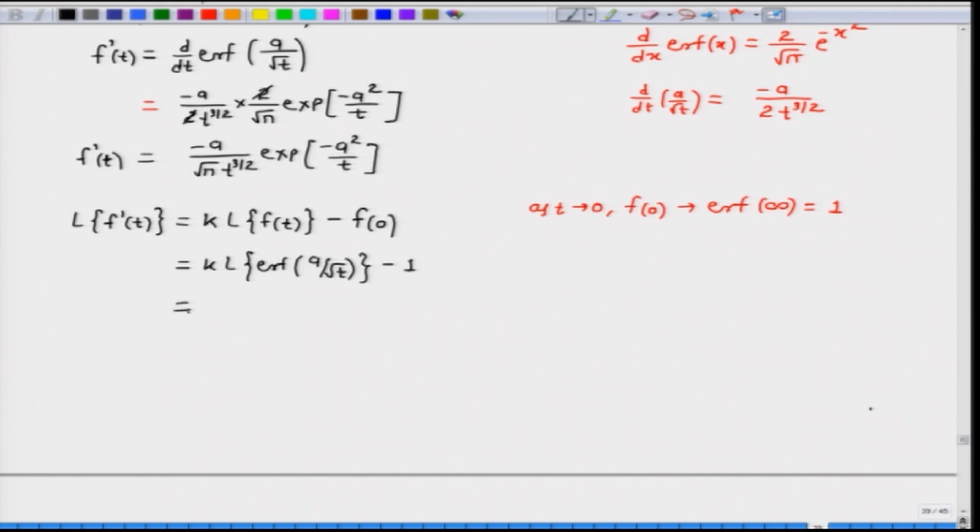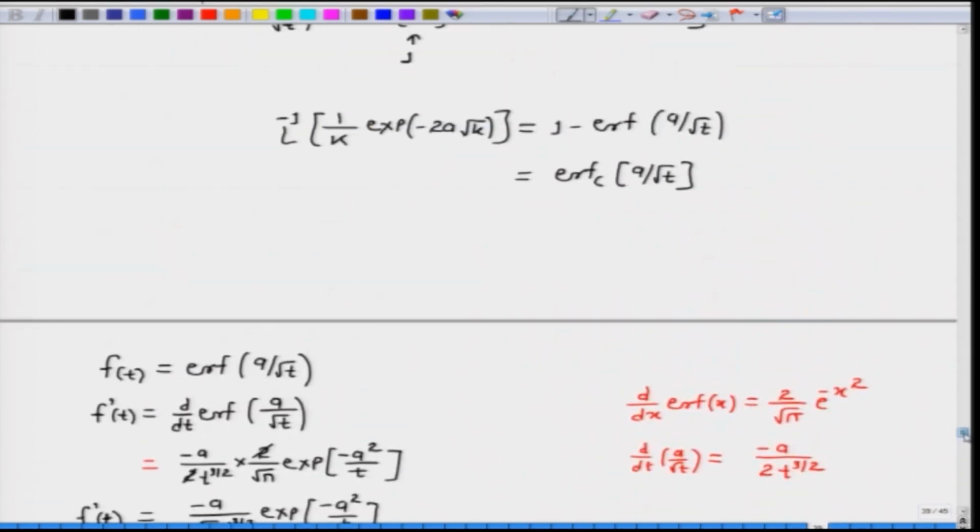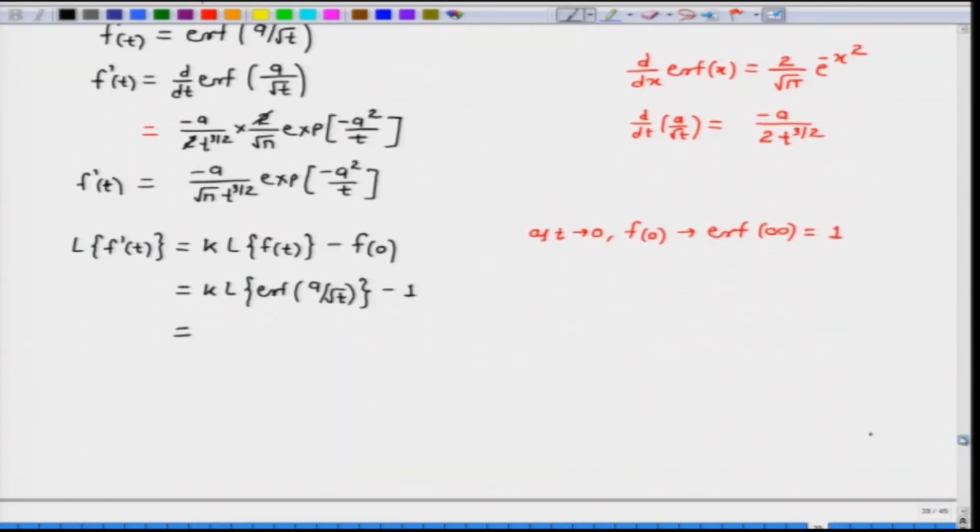And we just derived the formula for the Laplace transform of error function of a by root t. If we substitute for it, that should be equal to k times 1 by k minus 1 by k exponential minus 2a root k, minus 1. So, this k times 1 by k is 1, it will get cancelled with this one. So, what we have is minus exponential minus 2a root k.